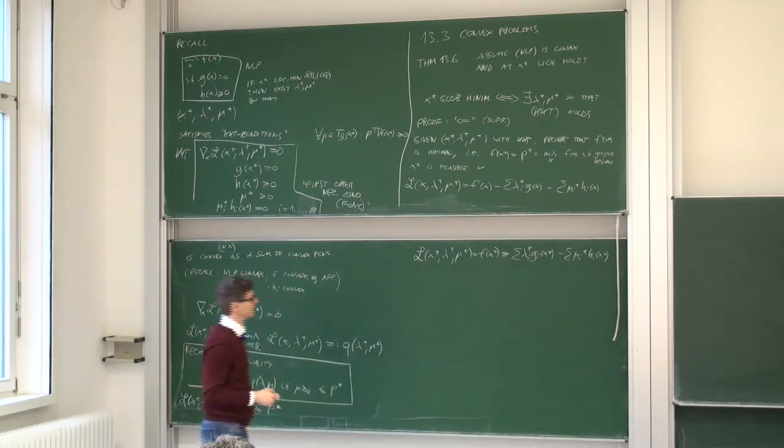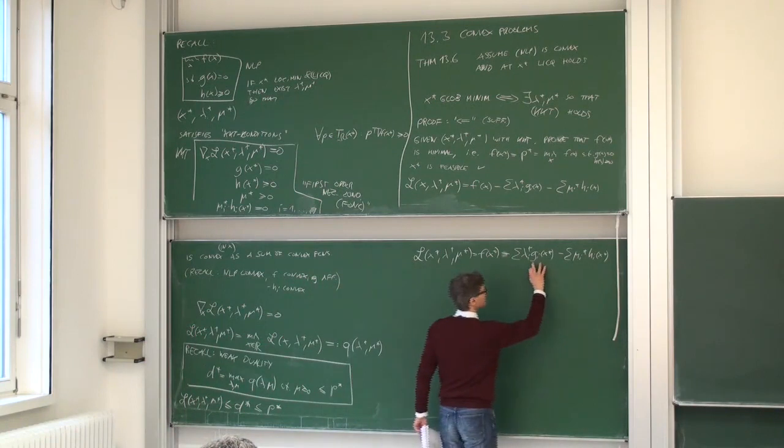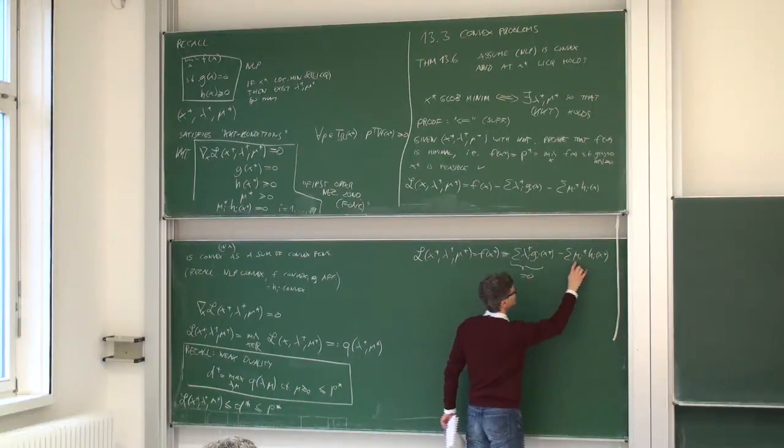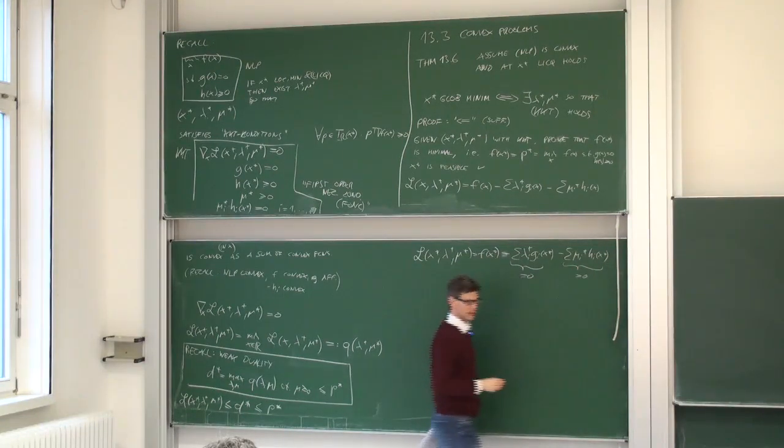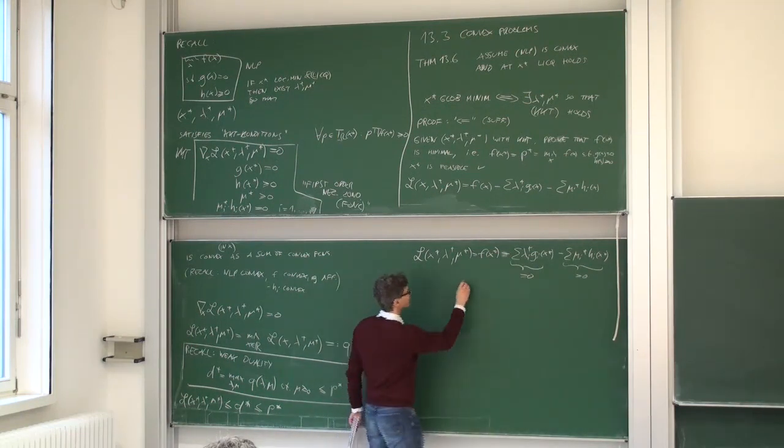And what we see is, because of the KKT conditions, the g's must be 0 because they are feasible. So this will be anyway equal to 0. And here we have these products, so this must be 0 as well. So it is actually equal to f of x star.